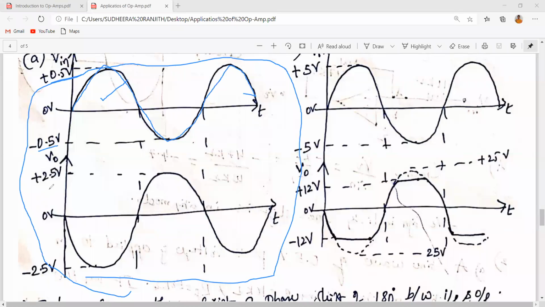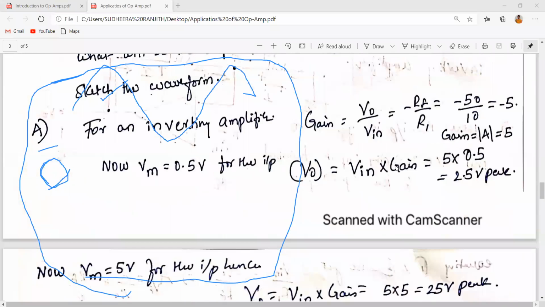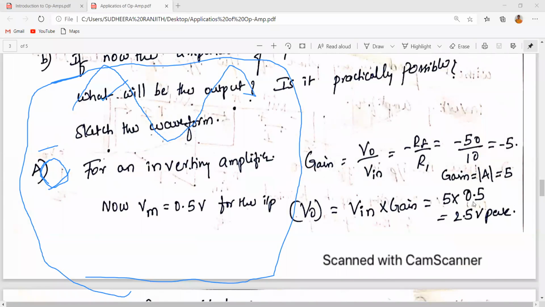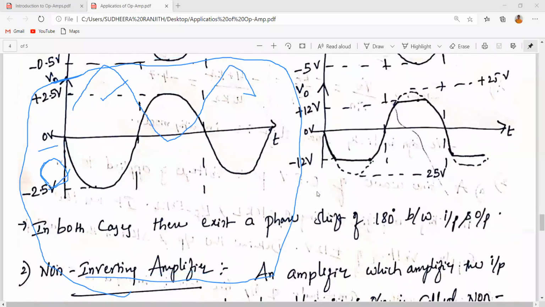So what does the output become after applying this 0.5 volts input signal? The output becomes 2.5 volts, because the gain is 5, already calculated, and 5 into 0.5 gives 2.5 volts.